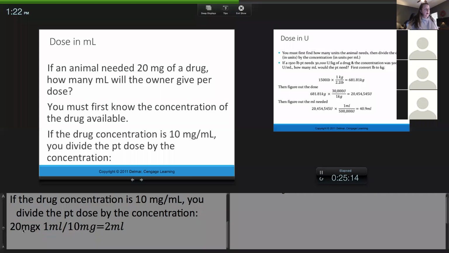You're going to divide 20 by 10, and that's going to give you 2 mLs. So that patient would get 2 mLs. Again, you have to divide in that case, and it would tell you how many mLs your patient needs to get.